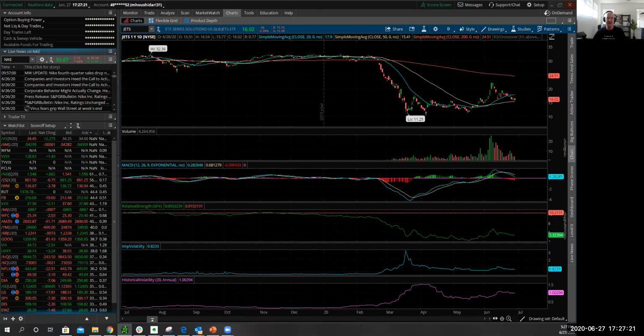If I look at JETS, the companies inside of it are Southwest, American, United, Delta, Air Transport Services, SkyWest, General Dynamics, Alaska Air Group, JetBlue, and Spirit.